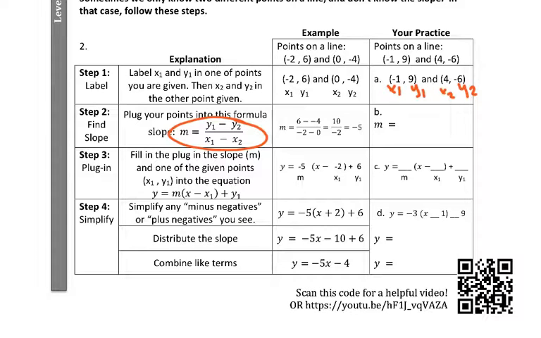So that would be 9 minus -6 divided by x1 minus x2 at the bottom, -1 minus 4. And then we want to simplify that. So 9 minus -6 is 15. -1 minus 4 is -5, which simplifies to be -3.